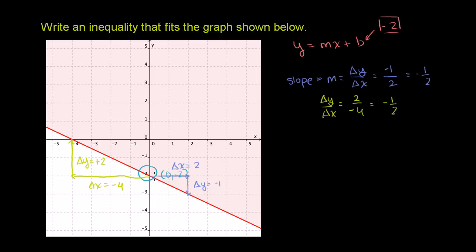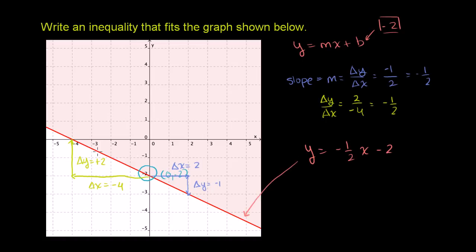It's not dependent on how far I move along in x or whether I go forward or backward. You should always get the same slope. It's -1/2. So the equation of that line is y is equal to the slope, -1/2 x, plus the y-intercept, -2. That's the equation of this line right there.